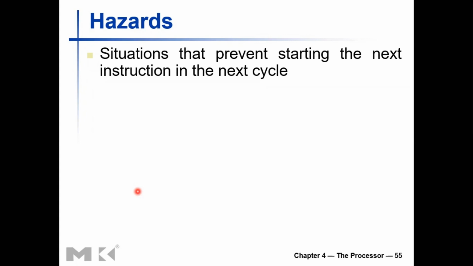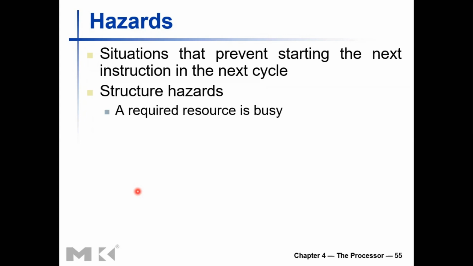But in certain situations, there may be issues that prevent the next instruction from starting in the next cycle, right? So there are different types of hazards that can create situations like this. One type of hazardous situation is structure hazards, where a required resource is busy, right?